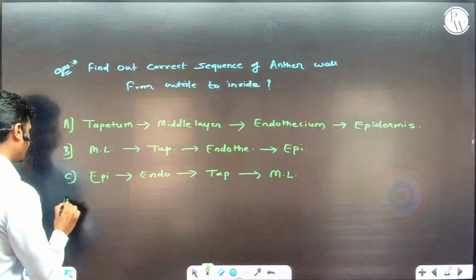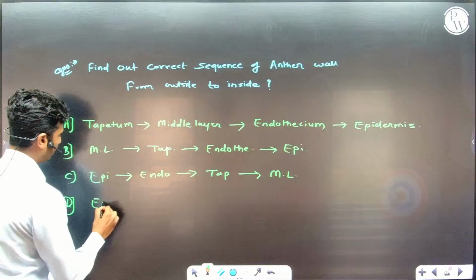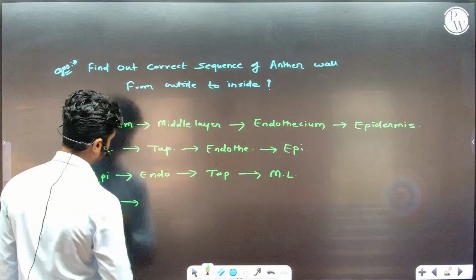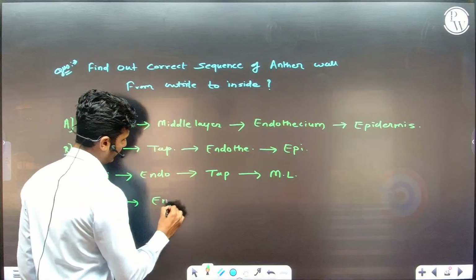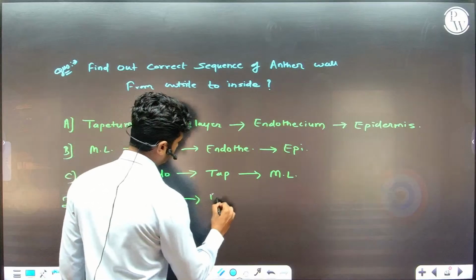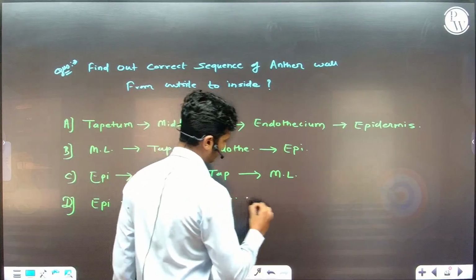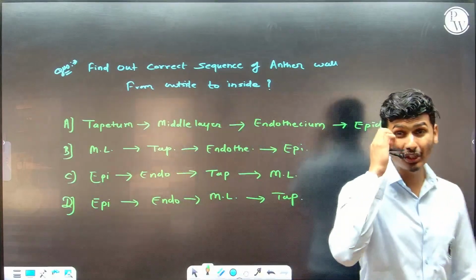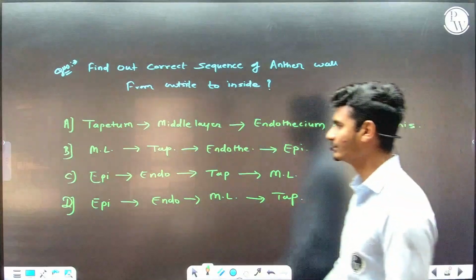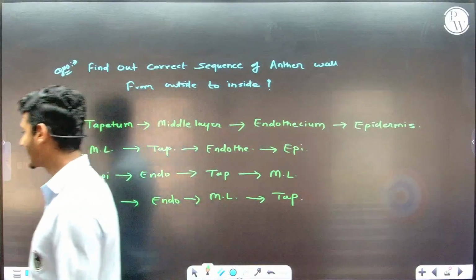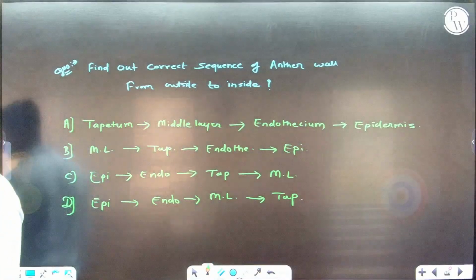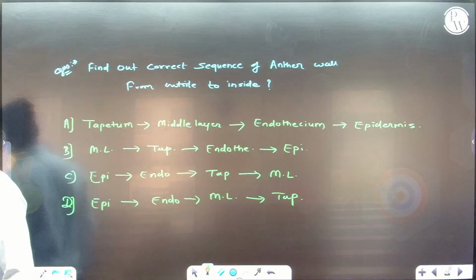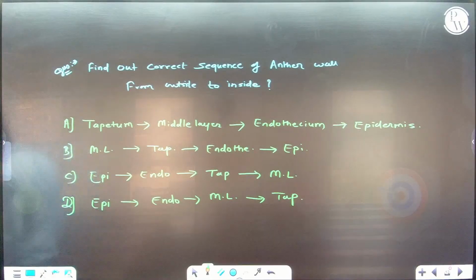Option D, epidermis, endothecium, middle layer and tapetum. Try to solve this question. You have 1 minute of time. Find out the correct sequence of anther wall from outside to inside. Easy MCQ, very easy.